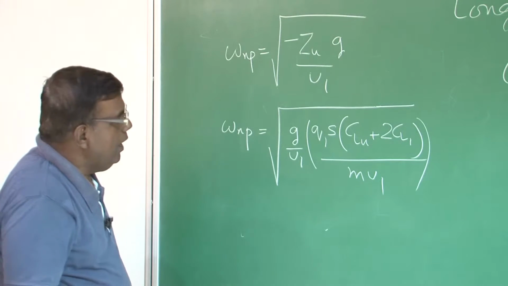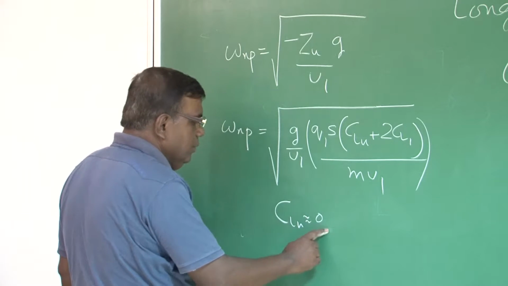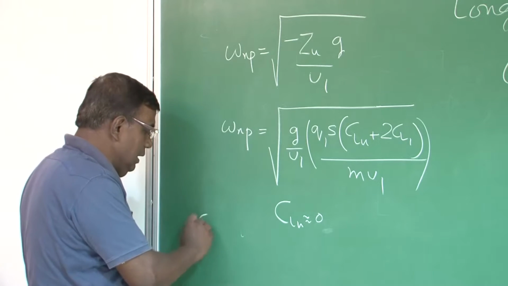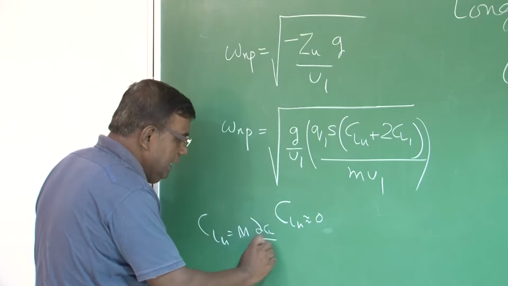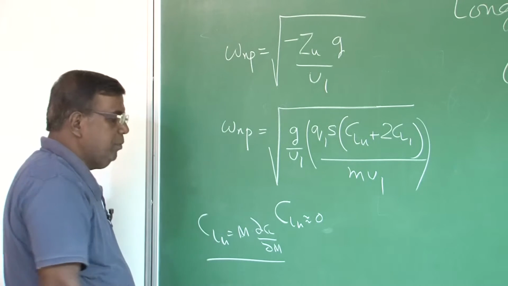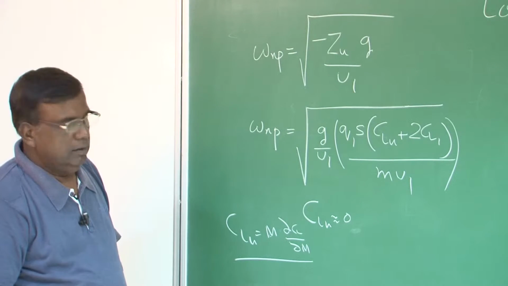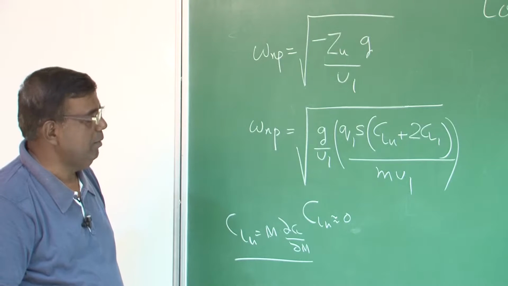Okay. Now, I do further approximation. I say CLu is negligible. You remember what is CLu? CLu was M into dCL by dM. Right? Especially for low speed, this value is very, very small or 0, up to 0.6 or 0.7 Mach number.